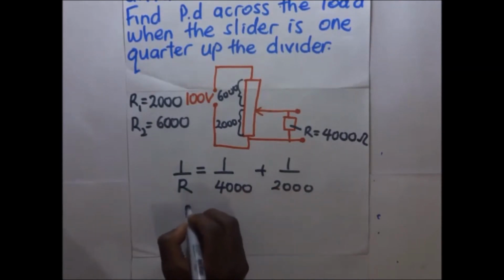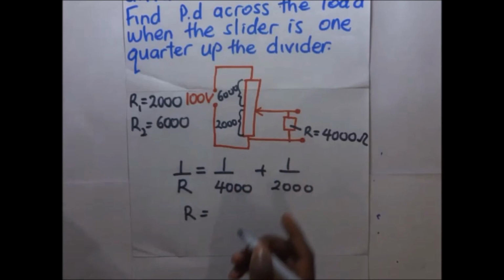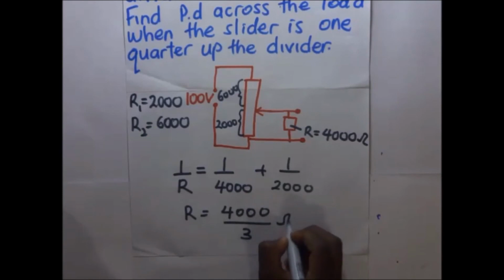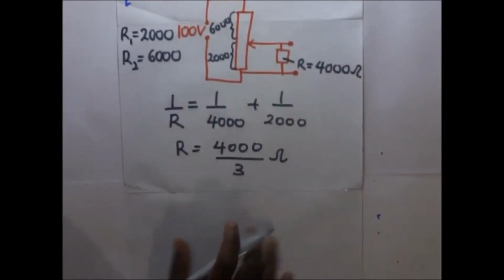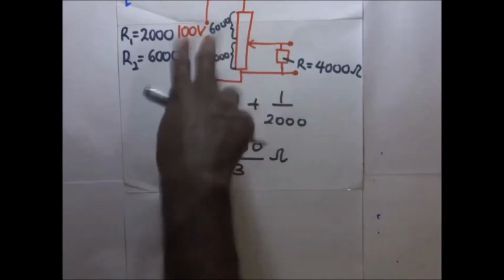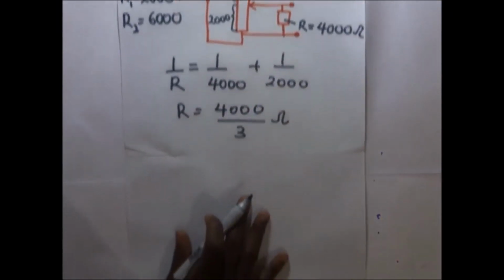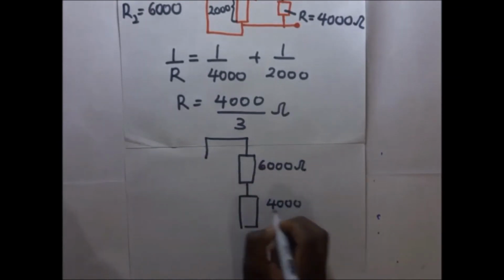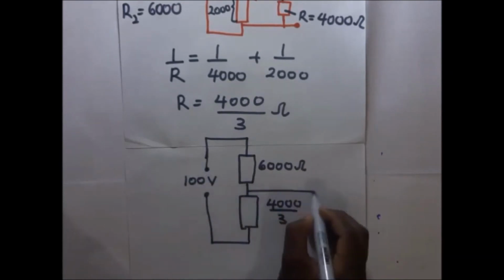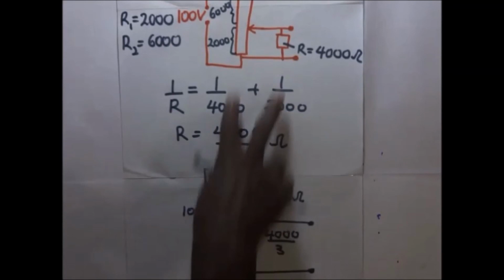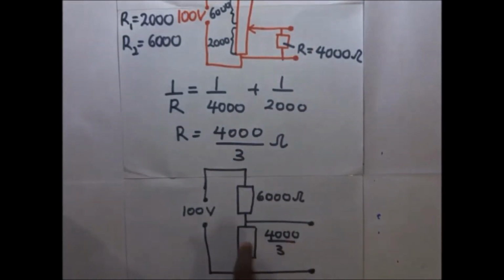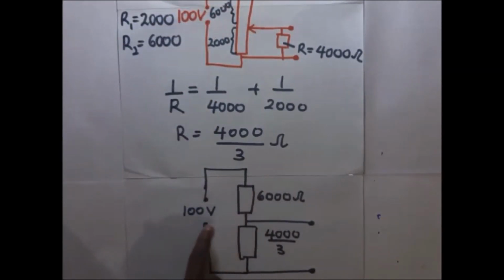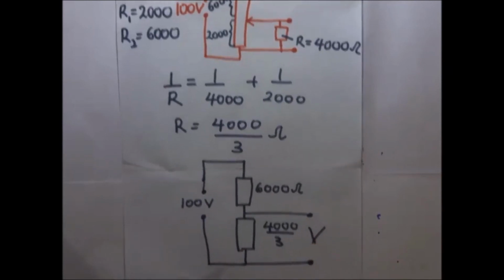And when we add this up, our effective resistance across this combination is going to become 4,000 over 3 ohms. That is our effective resistance across the output terminal. So after getting our effective resistance, our potential divider has now become like this. The effective resistance here, which is 4,000 over 3, has now become this, and this upper part is 6,000 ohms. Now we get the voltage output there, like that.